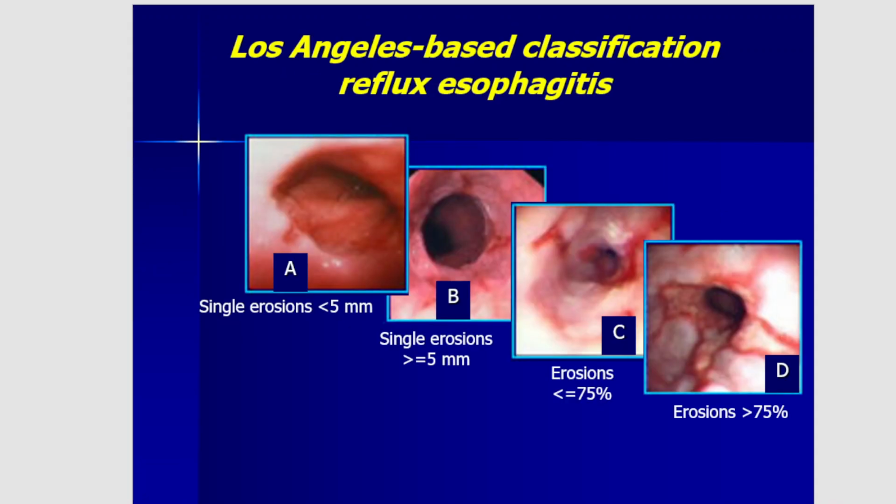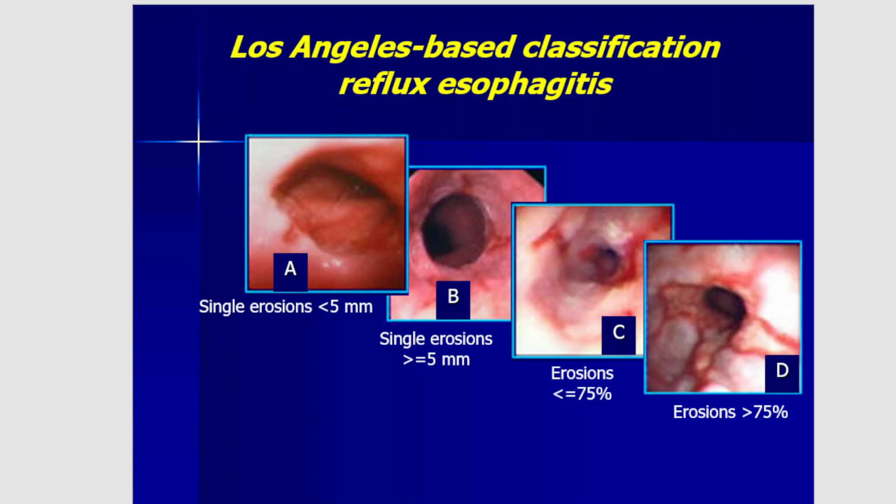Barrett's esophagus. Another classification of reflux esophagitis is the Los Angeles classification. Stage A: single erosions smaller than 5 millimeters in diameter. Stage B: single erosions 5 or more millimeters in diameter.